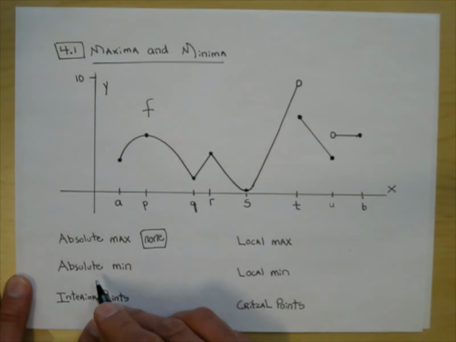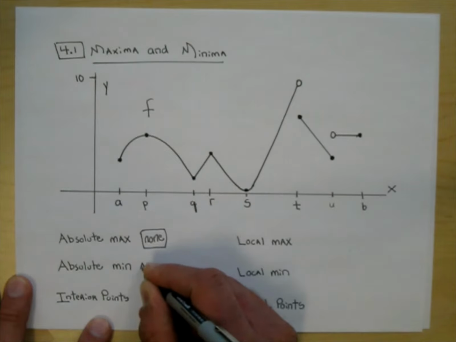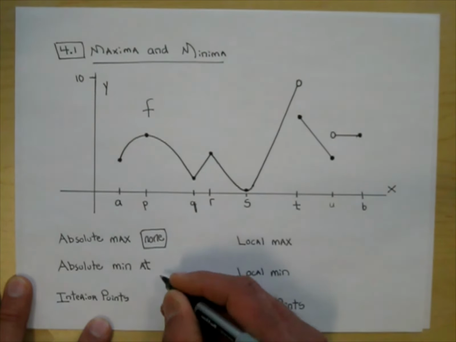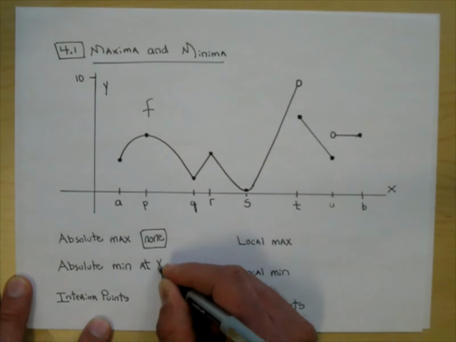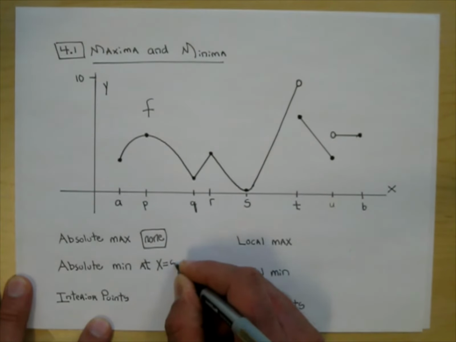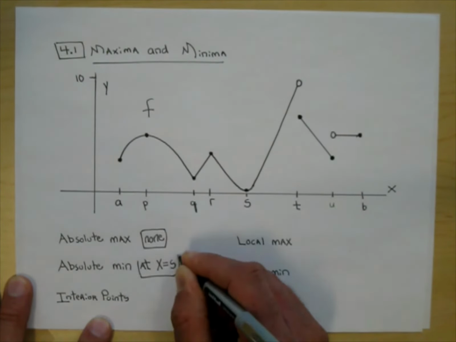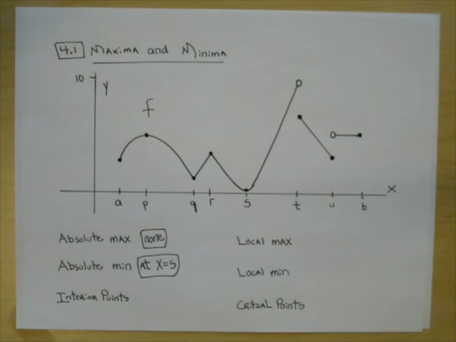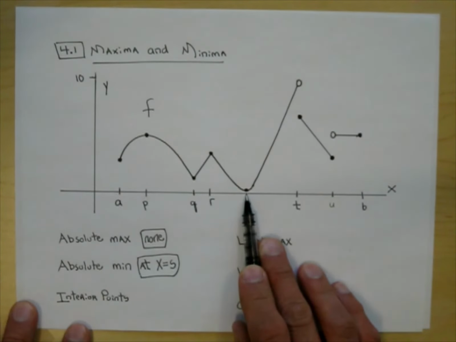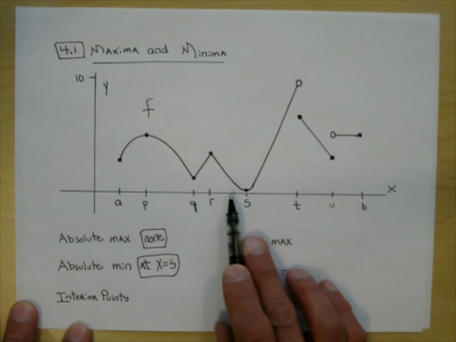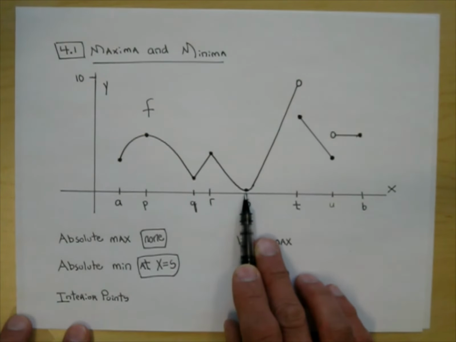So there is an absolute min at the location of x equals s. There it is. That is the lowest point. This one's low, but it doesn't come down as low as this one right here. So there's the absolute minimum.